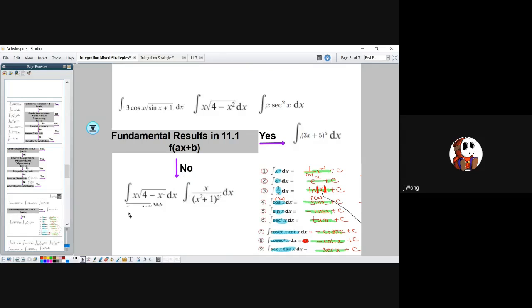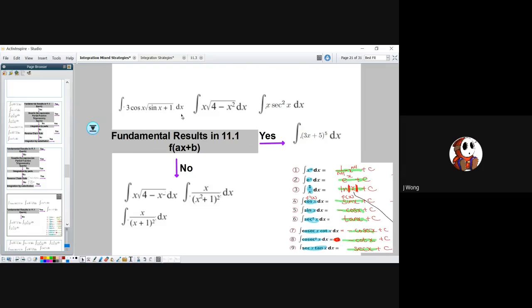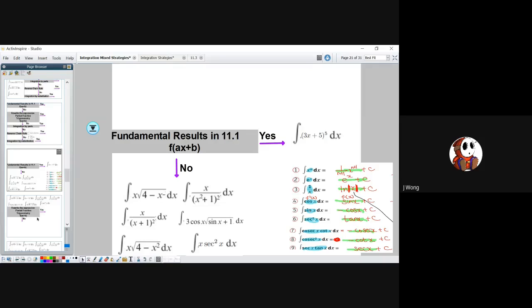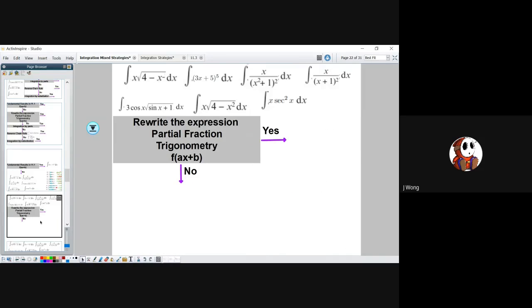So no. So the only product of trigonometries in the standard form is reciprocal functions. So no, again, no, and no. So we're left with 6 integrals to work with, and there's only one that you could do with the fundamental result.